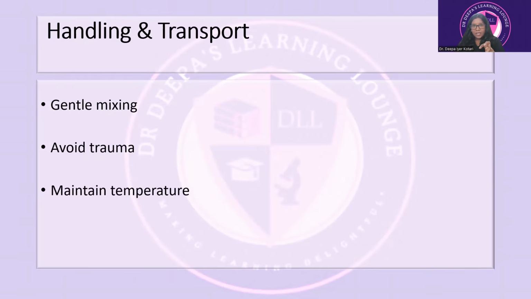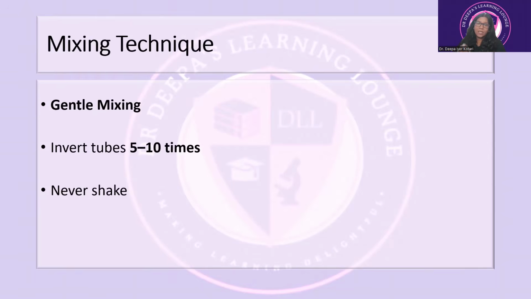But then after that, he forgets that he's not supposed to over shake it. Suppose he forgets that the transport person has to be instructed that it has to be smoothly transported, avoiding too much movement during transport, or it is transported at a higher temperature. What's the point of drawing it perfectly well? When it reaches the lab, it's still hemolyzed. So that's why it is very important that the handling and transport also be taken very good care of.